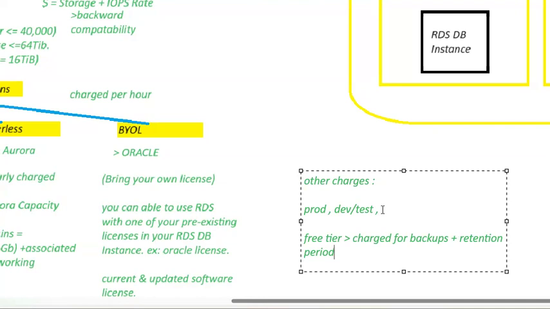So for this also you will be charged. So the current charge plus the amount of storage required for the backups plus the charge imposed due to the retention period. For all these things, you will be charged under free tier. If you choose free tier, for backups, you will be charged.